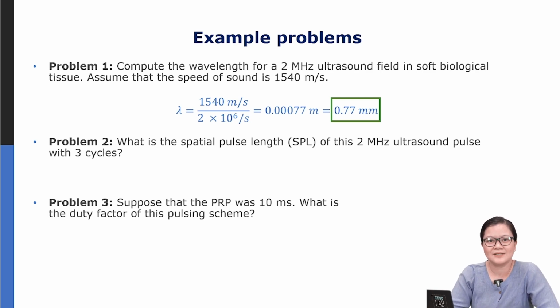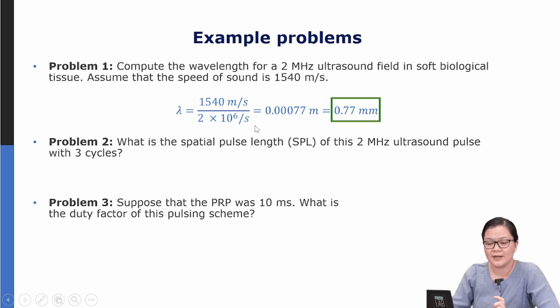Now let's discuss the answers to these problems. For the first problem, we would like you to compute the wavelength for a 2 megahertz ultrasound field in soft biological tissue. Here we assume that the sound speed is 1540 meters per second. If you remember the equation of the wavelength, it equals the speed of sound divided by the frequency of the sound, which is 2 megahertz here.